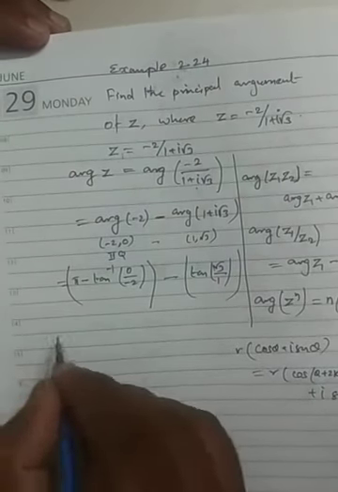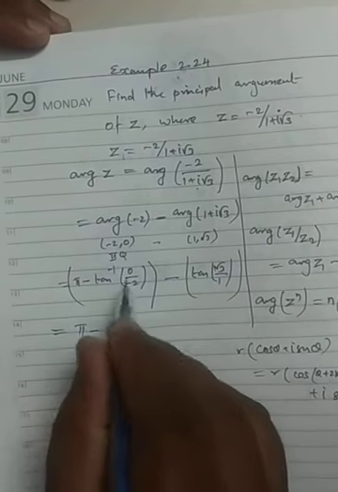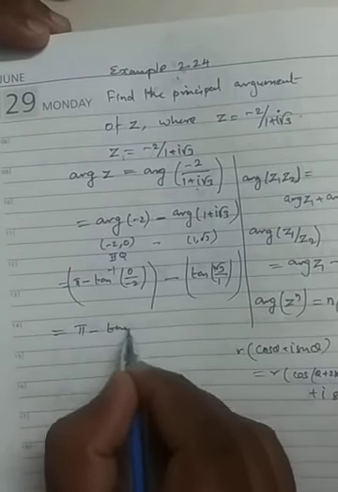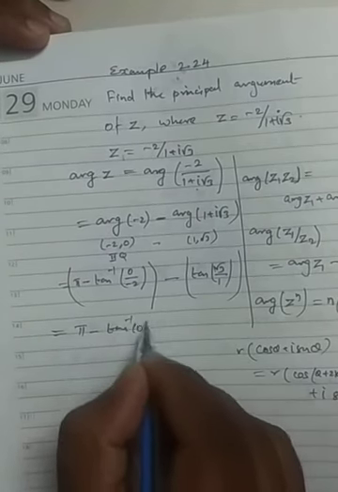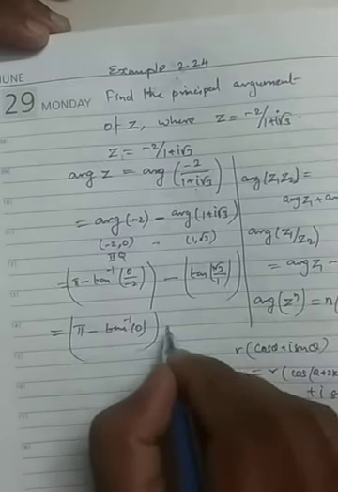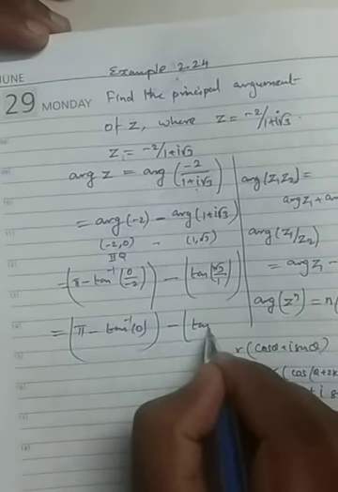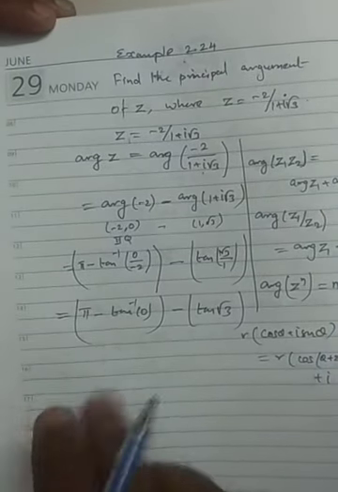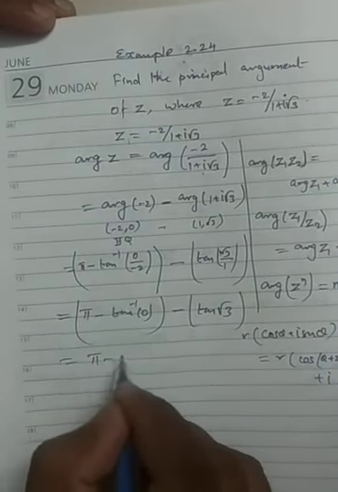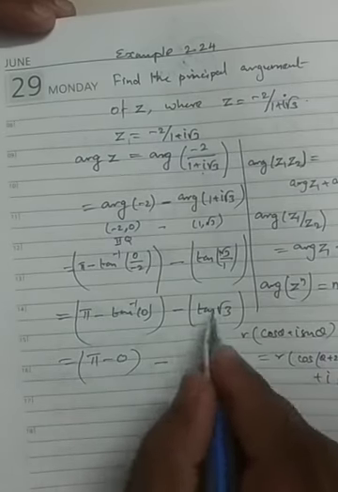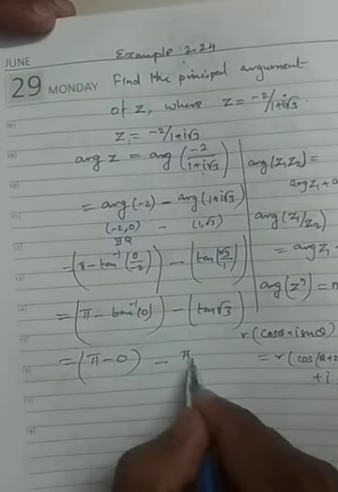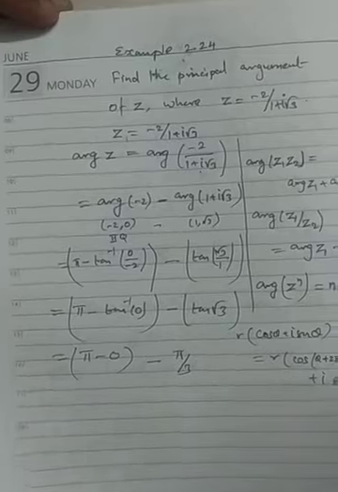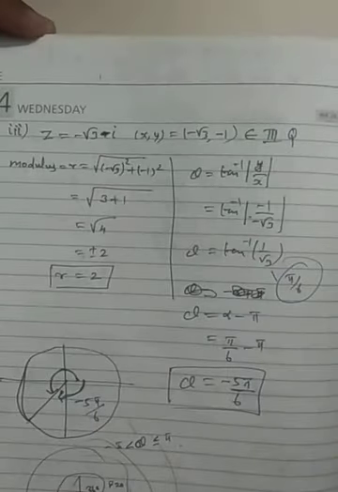Now this is pi minus tan inverse of 0 by 2, which is 0, so tan inverse of 0 will come here. Similarly, minus tan inverse of root 3 by 1, which is root 3. You know tan inverse of 0 is 0, so pi minus 0 will come here. Tan inverse of root 3 is 60 degrees, which means pi by 3. If it is convenient for you, I will show the page here.